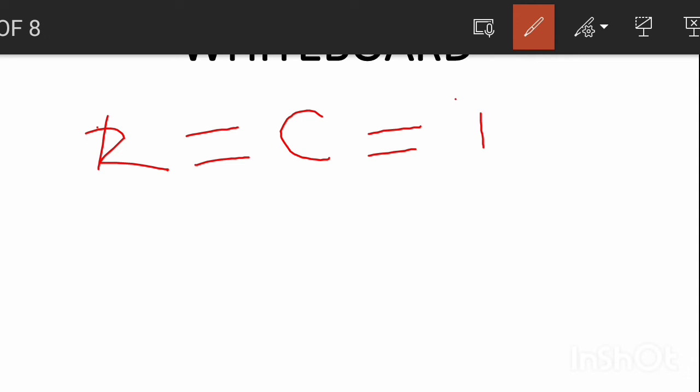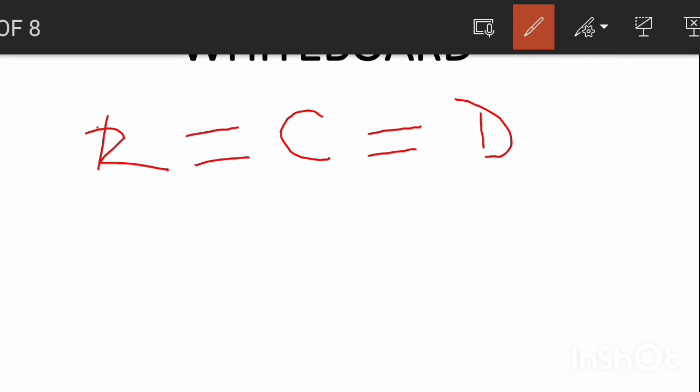So we can claim that, based on what is before us right now, the row represented by R is equal to the column, and it's also equal to the diagonal.